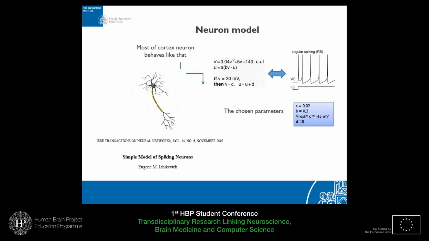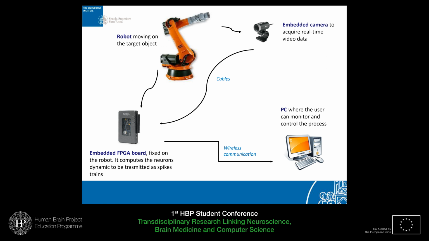In this slide, there's an example of a real application of our algorithm. We embedded our algorithm in an autonomous robotic system for artifact detection on a target object. We have a serial manipulator robot which moves on the target object and an embedded camera placed on the robot. The camera acquires video information in real time that is transmitted by cable to an embedded FPGA board fixed on the camera.